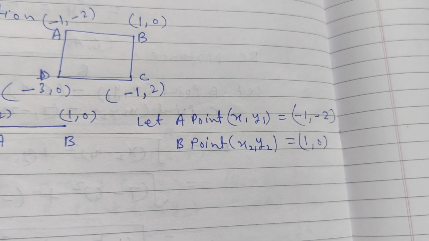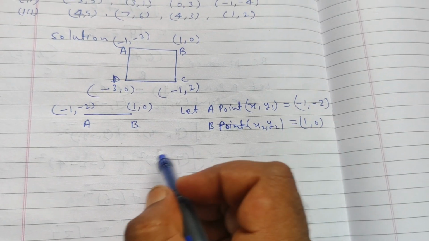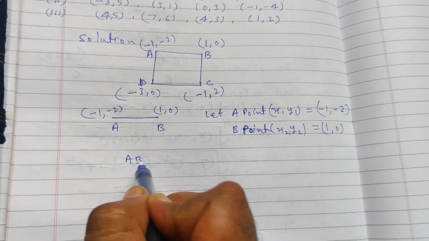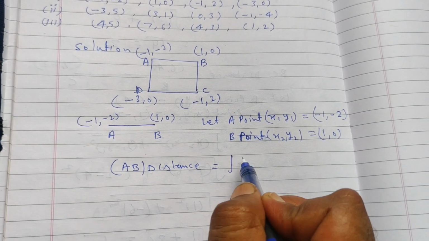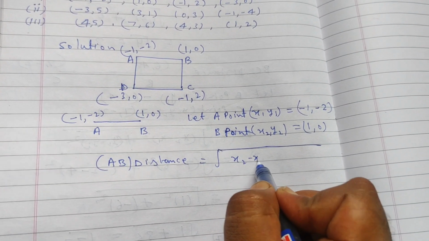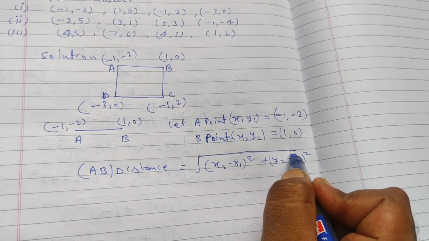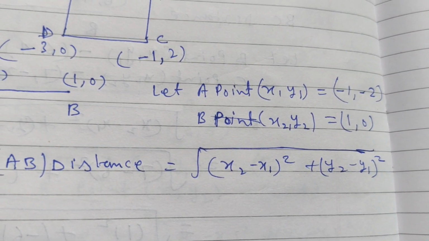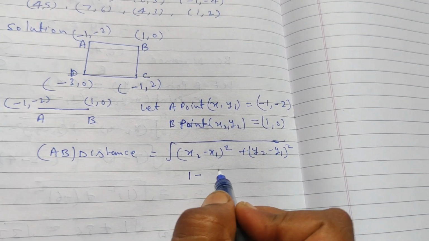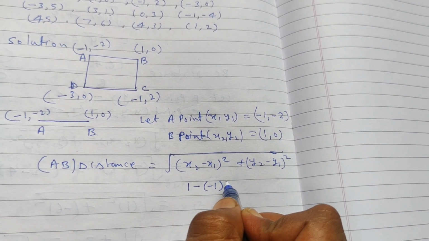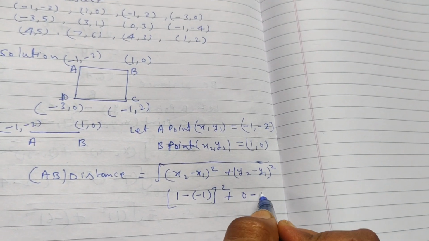So the distance AB uses x2 minus x1 and y2 minus y1. x2 minus x1 is 1 minus (-1), and y2 minus y1 is 0 minus (-2).